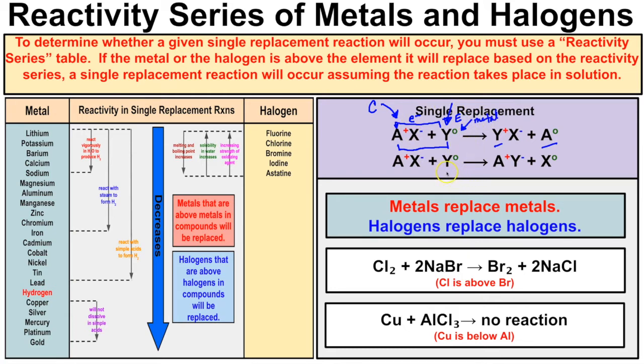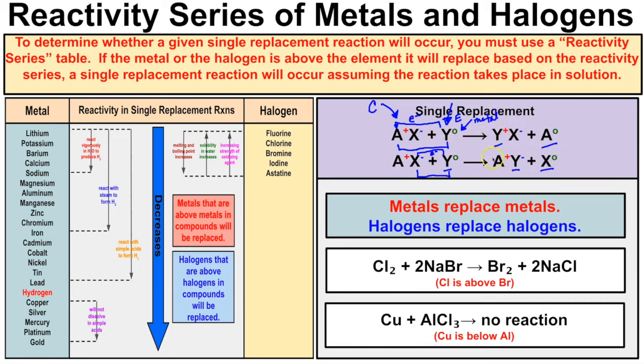In another type of single replacement reaction, Y here is going to be a halogen from group 17. Y and X are going to end up swapping places because X is going to transfer one of its electrons to Y. When that happens, Y becomes more negative and ends up bonding to A, and because X loses an electron, it becomes more positive and ends up completely neutral over here with no charge at all.